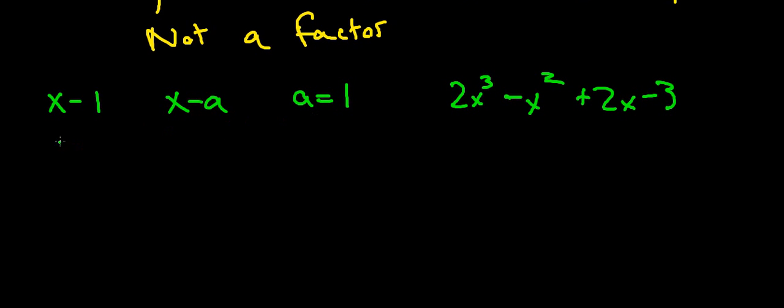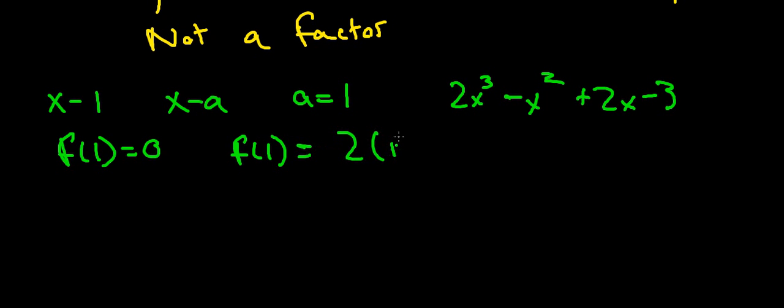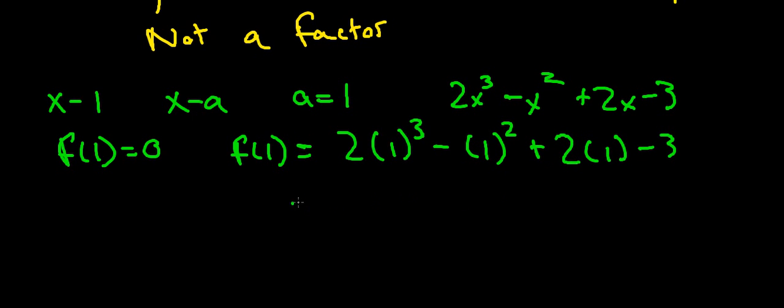So if this is a factor, then f of 1 must equal 0. Let's put in 1 for this equation. F of 1 is equal to 2 times 1 cubed minus 1 squared plus 2 times 1 minus 3. When we simplify this, we get 2, 1 squared minus 1, plus another 2, minus a 3.